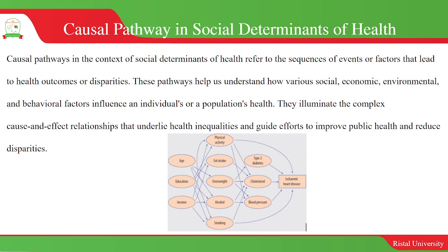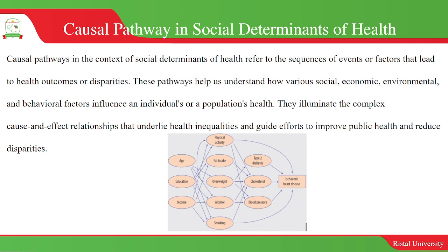So we have some factors which are modifiers, which can modify the exposure and the health outcome, and then we have those which we can call intermediate factors that are between the exposure and the health outcome of interest.